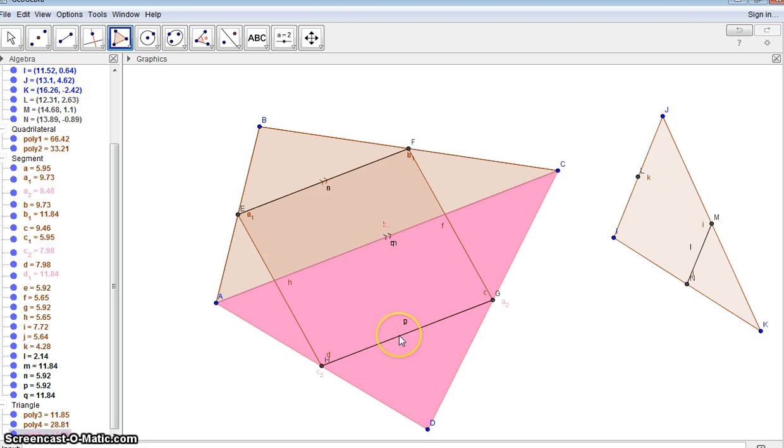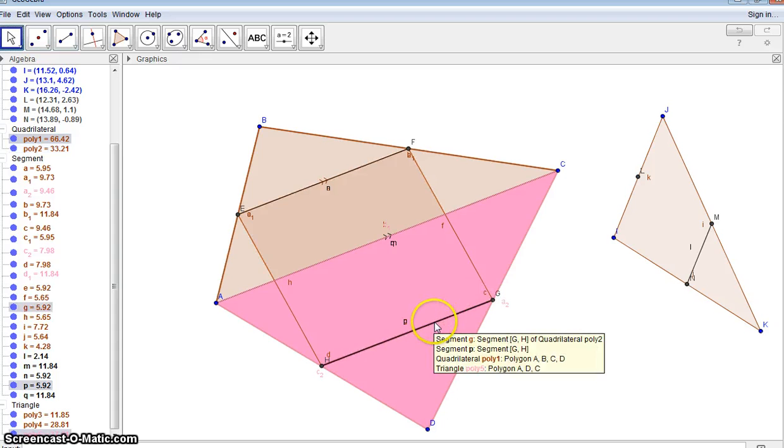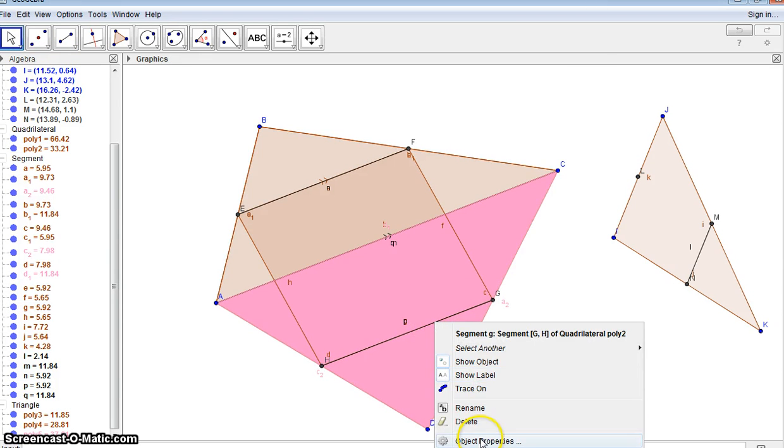Now, therefore, HG, the mid-segment of triangle ACD, the big pink one, is going to be parallel to the base, AC. HG parallel to AC. Well, that's interesting. Let's mark that as well by going to the properties of this segment.